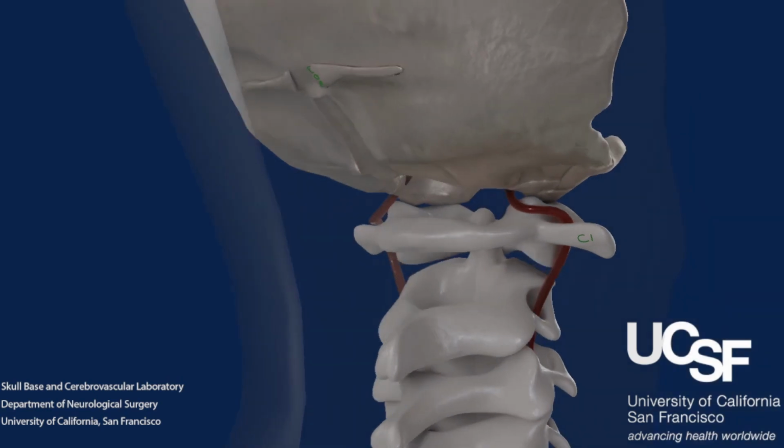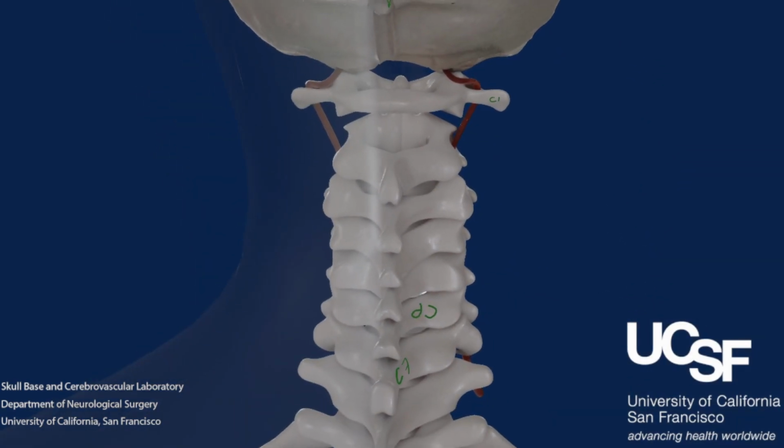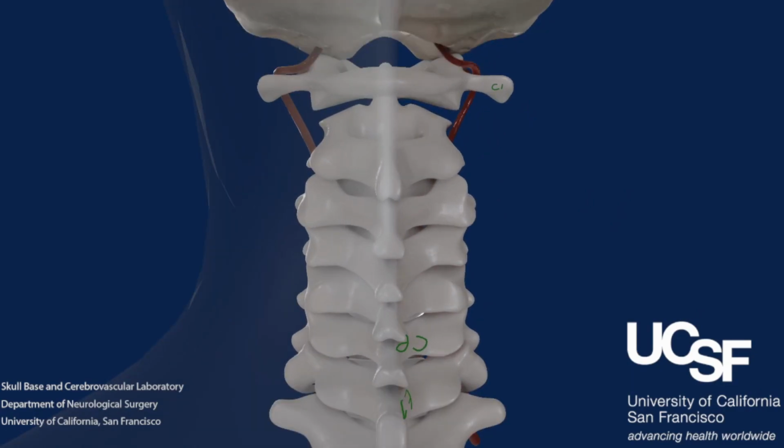craniocervical region. Something that we can notice from a posterior perspective and anterior perspective is that there's a transverse process that is prominent in this area, which is the transverse process of C1.